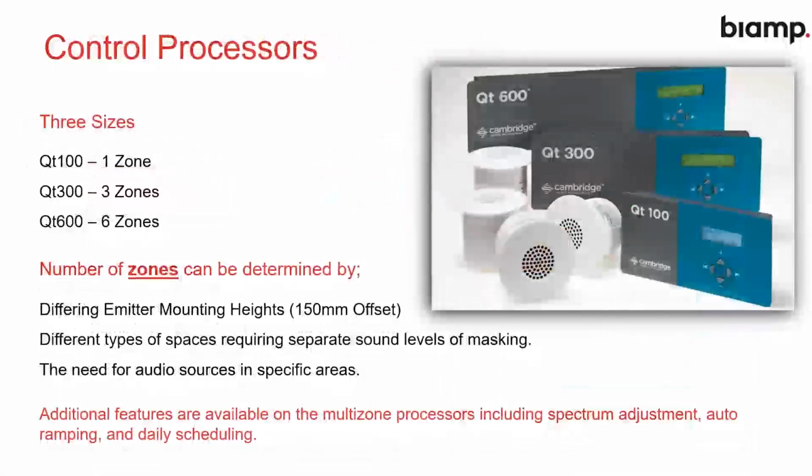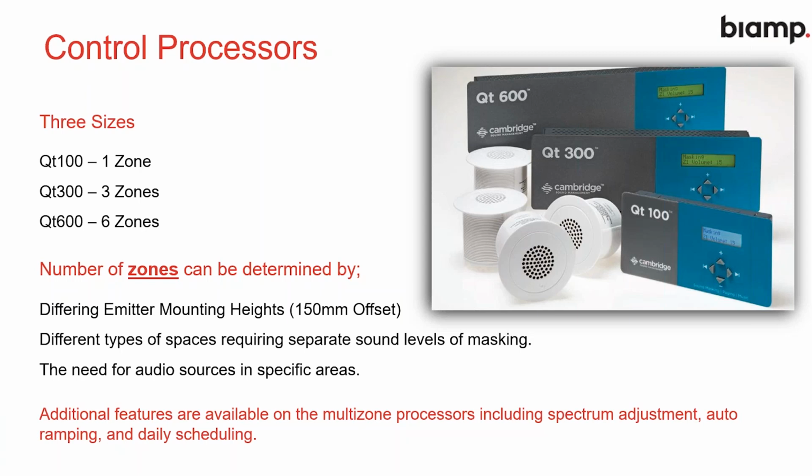We have 3 control processors: QT100, 300 and 600. The differences between the 3 are that the 100 has 1 zone, the 300 has 3 and the 600 has 6.